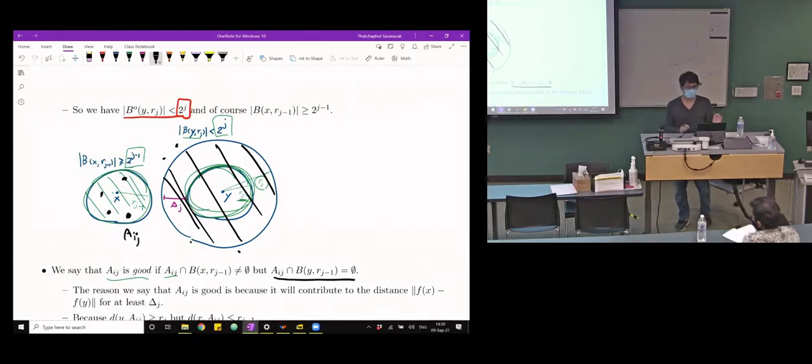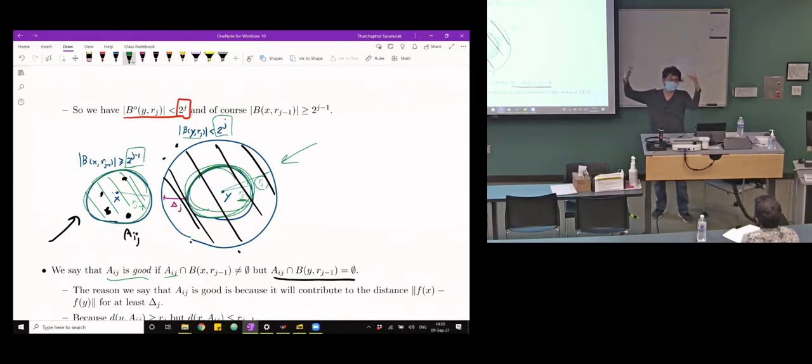Is the definition clear? You have some ball here, which is quite big, and you want Aij to contain at least one point in this ball. And you have this ball too. Although the radius is a bit bigger, it doesn't contain too many points.